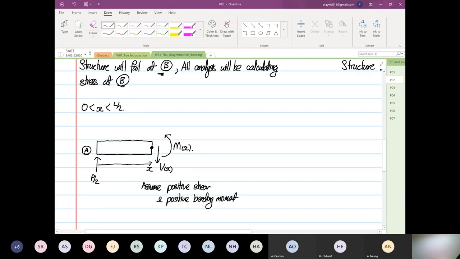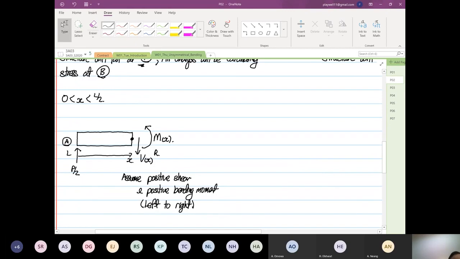This direction is when we analyze left to right. So this is our left, and then it's going towards the right. That's why that orientation. Later on, I'll help you recap when we go into shear force and bending moment diagrams more. Okay, so now from here, we are going to do static analysis.